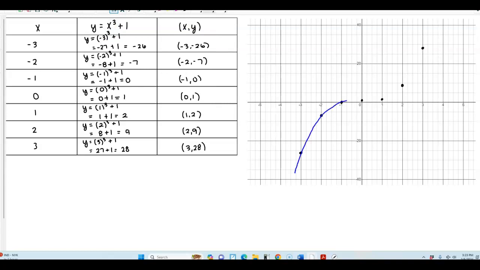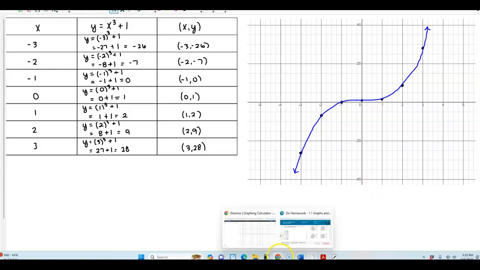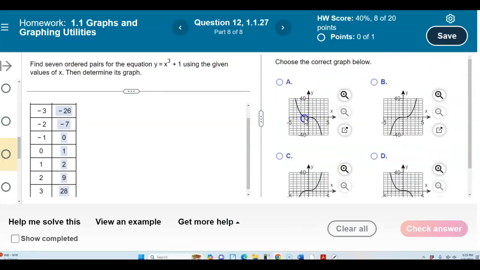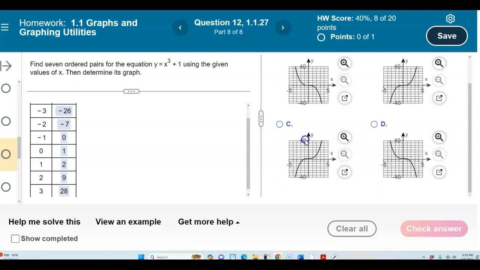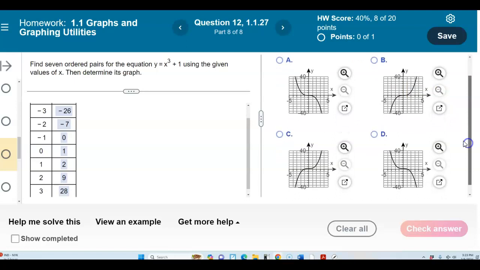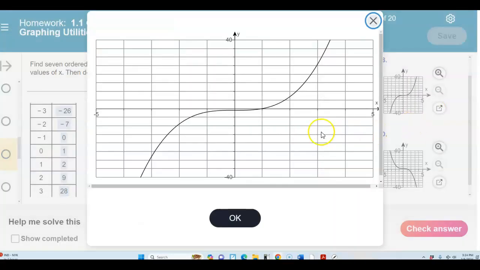So here is our graph. Let's decide which one that's going to look like. We know that we're going to eliminate this one because it's in the opposite direction, and D, so it's either going to be C or B. Now we need to look at C or B. If we take a look at B, where it crosses the y-axis is below the x-axis.